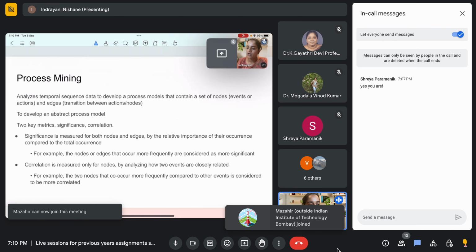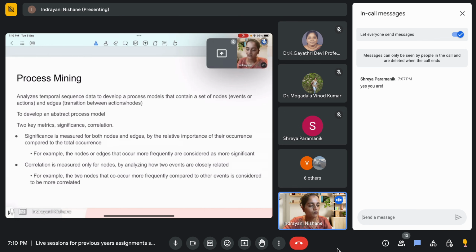Now process mining. So process mining is a pictorial representation. In most of the cases, process mining will result in pictures or a state transition diagram like representation.